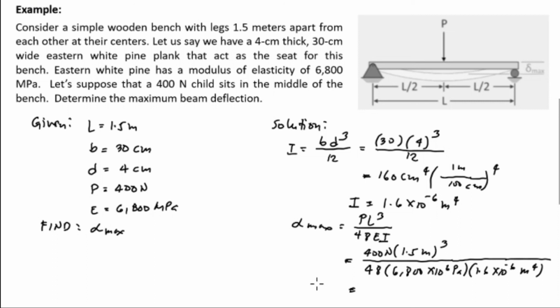The value for the maximum deflection is 400 times 1.5 cubed divided by 48 times 6,800 times 10 to the power 6 multiplied by 1.6 times 10 to the power negative 6. And here, we can cancel out 10 to the negative 6 and 10 to the power 6.